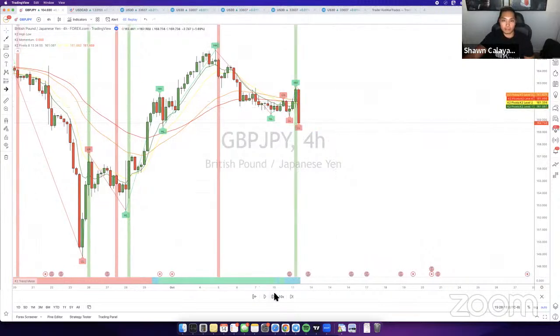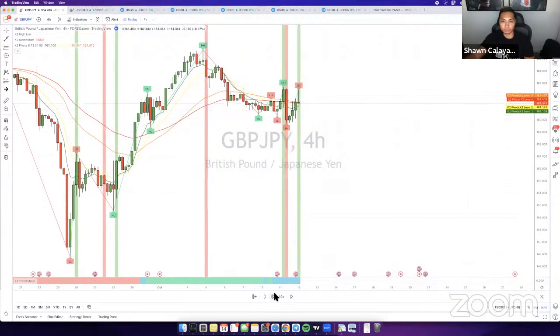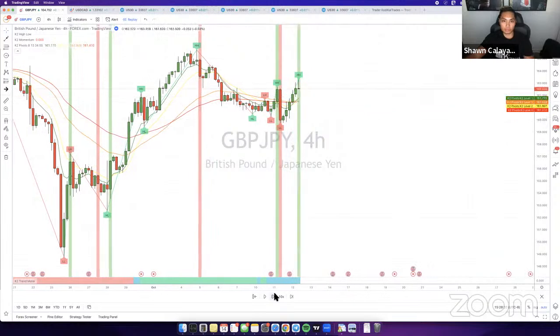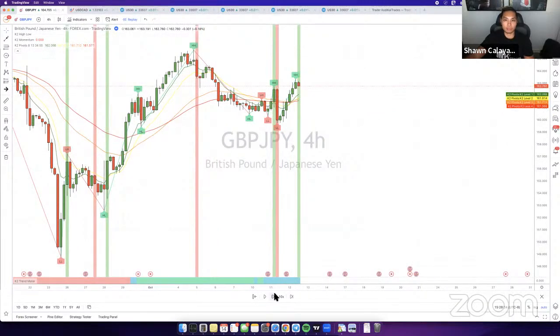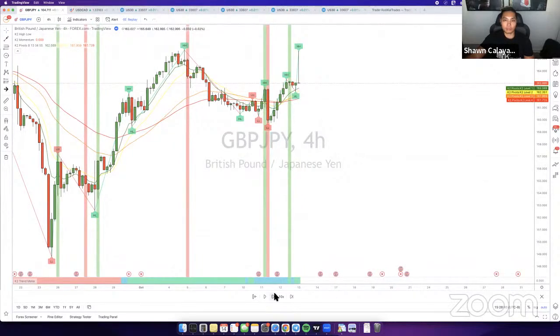So it's not necessarily a bad strategy. It's just not what I would consider the best strategy to be used. I'd have to figure out how to incorporate something here with, I mean, for the most part, probably momentum.